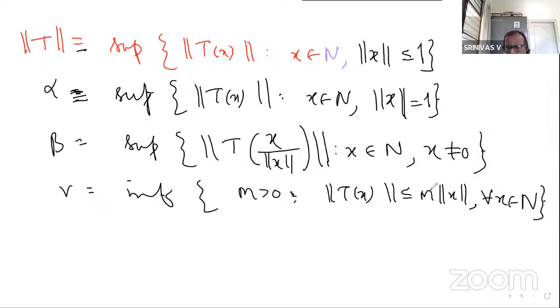So there will be a positive constant M satisfying this for all x in N, and for all such M's you take the infimum, that is defined to be gamma.